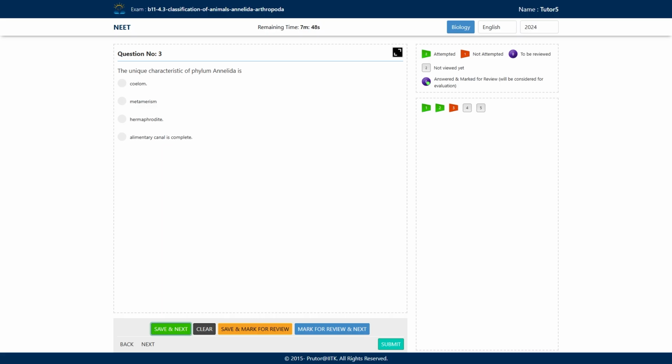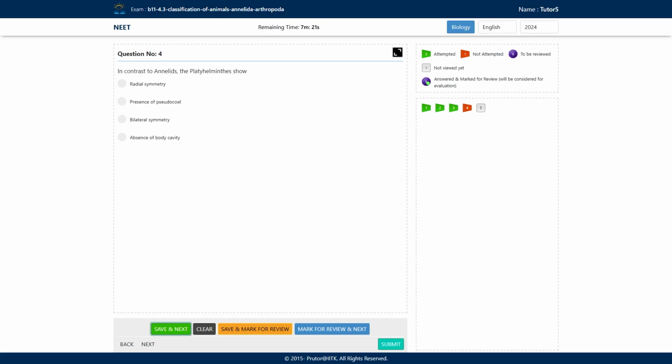All are true, but one is the unique characteristic, and that is B, metamerism. This is about the segmentation, and this type of segmentation is what we see in Annelida. This is the unique feature of it. So we will save and move to the next question.